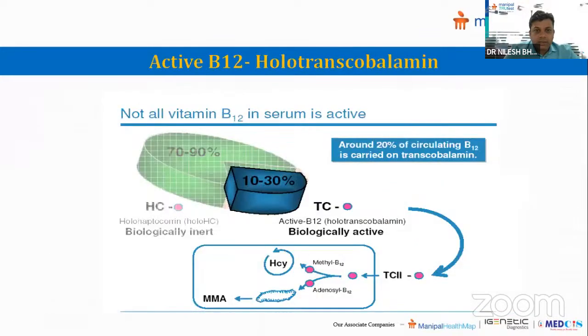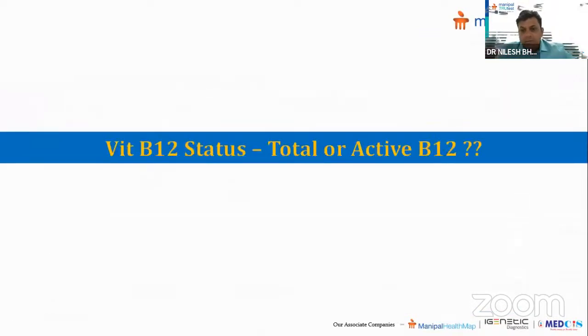That is the question. Either it is total vitamin B12 or active vitamin B12. Up till now, we depend on total vitamin B12, but is it right to just depend on total vitamin B12? Or why should we not try to measure the levels of active vitamin B12?